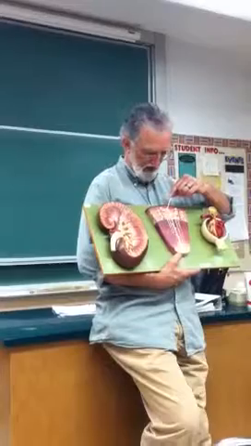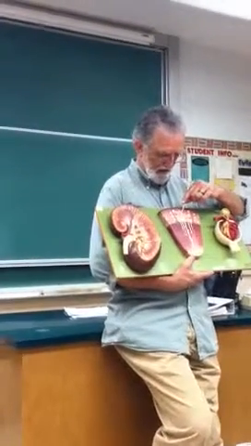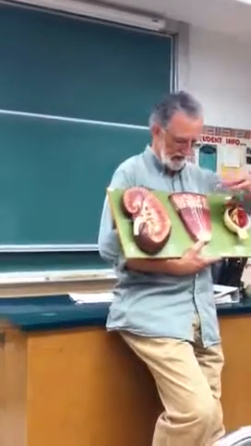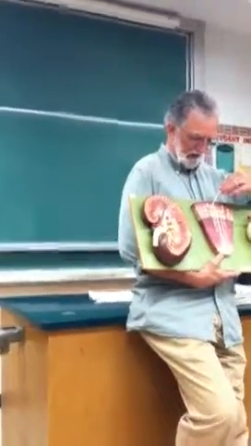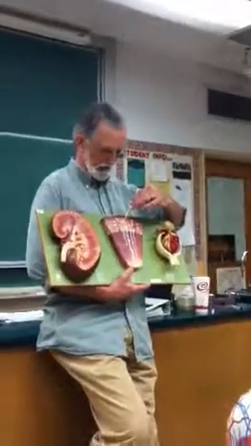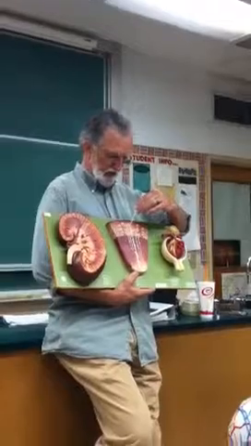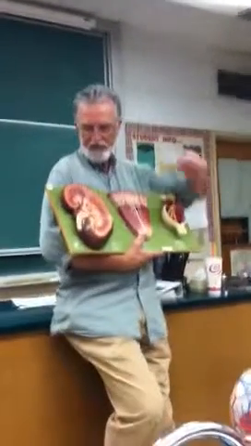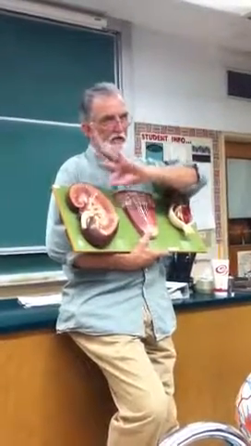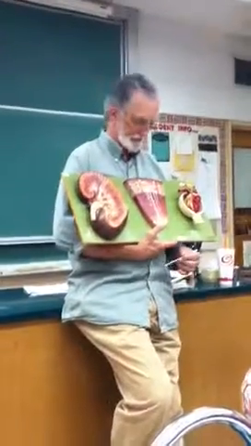And this is the proximal convoluted tubule that goes into the descending limb of the loop of Henle, comes up the ascending limb of the loop of Henle until it gets to the DCT, or the distal convoluted tubule, jumps into a collecting tubule to a collecting duct, and it takes the urine all the way down to here, which is the renal papilla, this end area here, and it dumps the urine into the minor calyx and goes out the usual process.